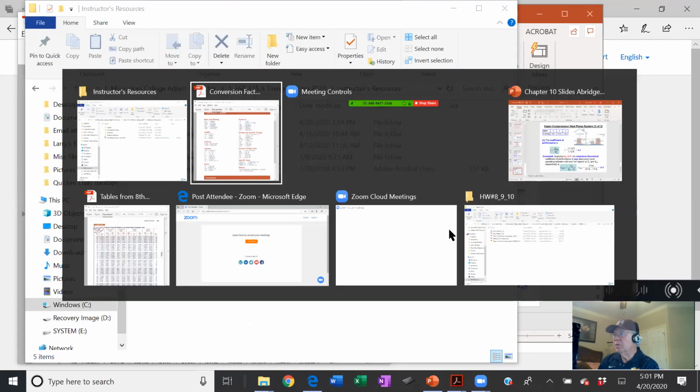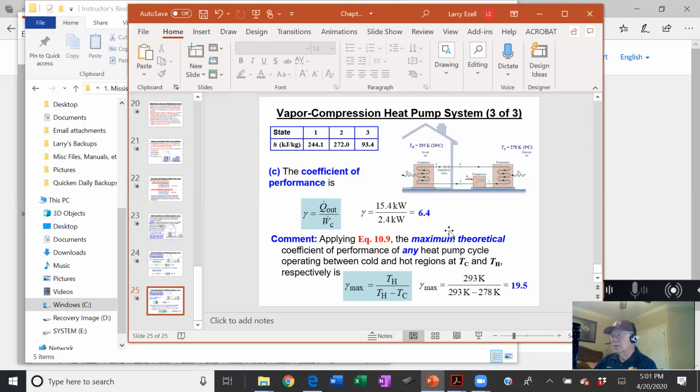So what am I looking for? This COP, remember, is like units over like units. So you can interpret that as watts of heating over watts of electricity.